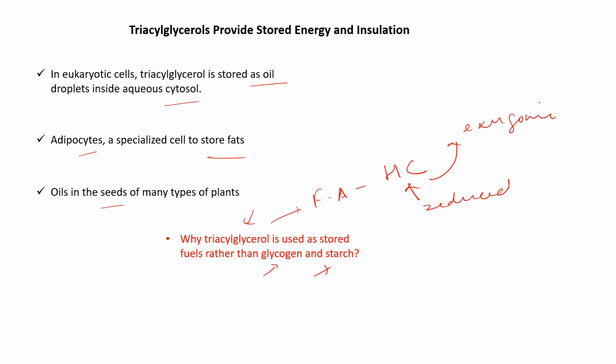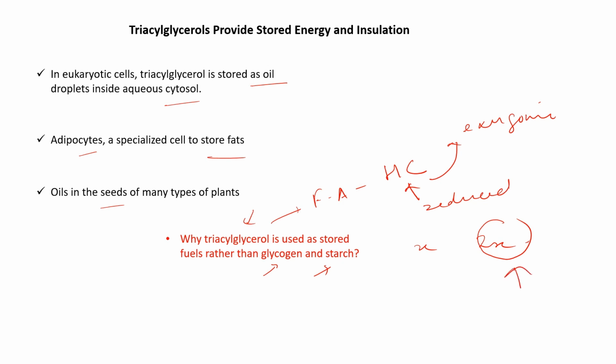So from the oxidation of glycogen, if we get X amount of energy, then from triacylglycerol we'll get 2X amount of energy. And second, suppose our body needs 2X amount of energy. In that case, if our body used glycogen and starch for that energy, it would have to store that much glycogen or starch so that its oxidation can provide this much energy.